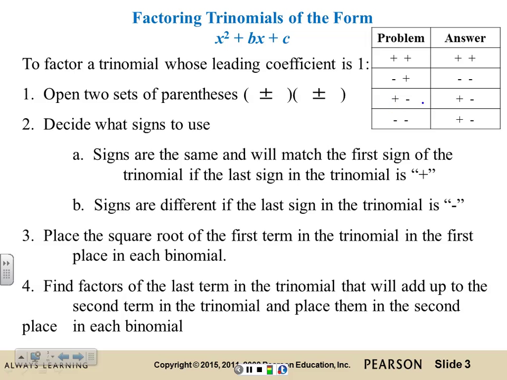So again, if in your problem you have plus minus or minus minus, the signs are going to be different. If the second sign is negative, then these two are going to be opposites. So it'd be helpful if you wrote down that chart so you would know what your signs are going to be.